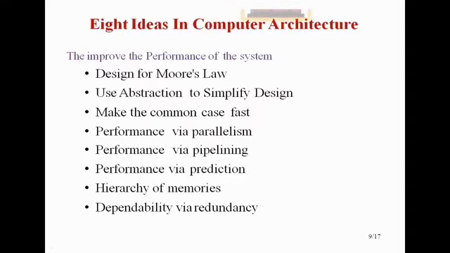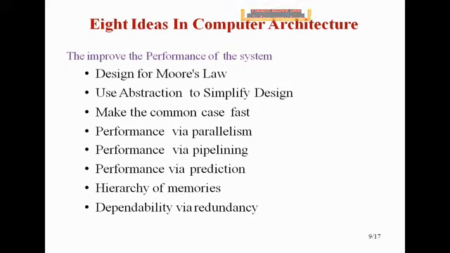So next, we are going to discuss 8 ideas in computer architecture. To improve the performance and to build a computer in an effective manner, for the past 60 years, computer architects or scientists invented 8 ideas.